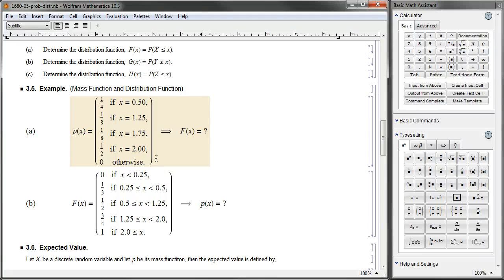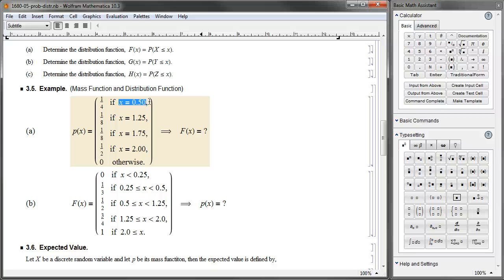Okay, how do we get the distribution function? Well, this is the smallest possible value that the random variable can take. So whenever x is less than 0.5, impossible event, so the probability will be 0. That's where we're going to begin. Step function begins from 0.